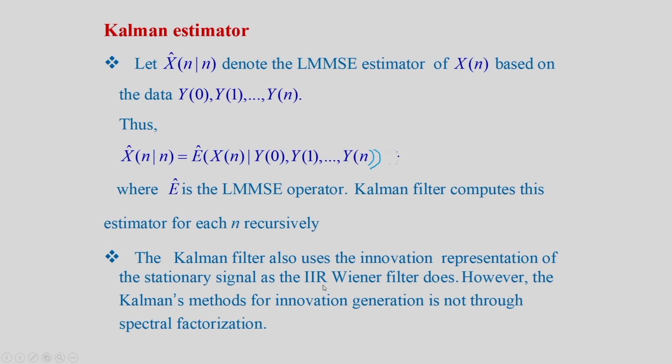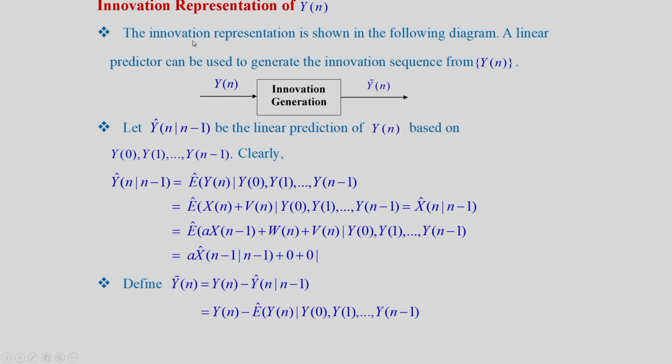We know that in the IIR Wiener filter, we got the innovation process through spectral factorization, but here the approach is different. The innovation representation is shown in the following diagram. A linear predictor can be used to generate the innovation sequence from yn. Here yn is the input and y tilde n is the innovation sequence.